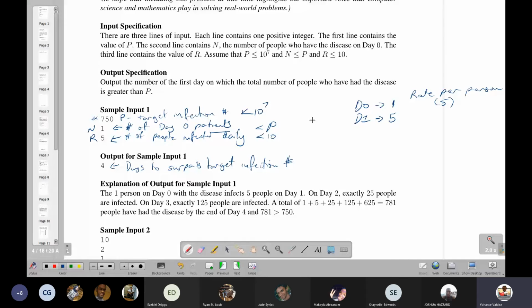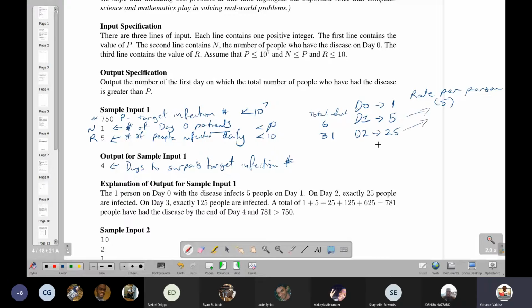And these 5 people now on day 2 will cause 25 new people to be infected, because 5 by 5 is 25. So 25 plus 6 is 31 persons infected by the end of day 2. 25 multiplied by 5 will cause 125.